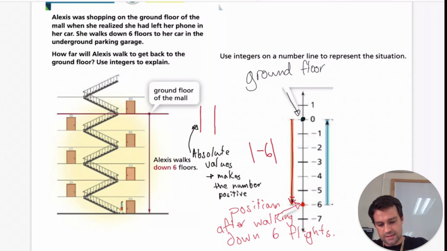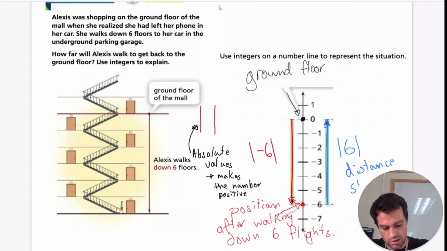We then can see that she walks back up 6 flights of stairs. She walks back up. This represents the distance she travels. Okay, so we're trying to get in this mindset of how far she is traveling.